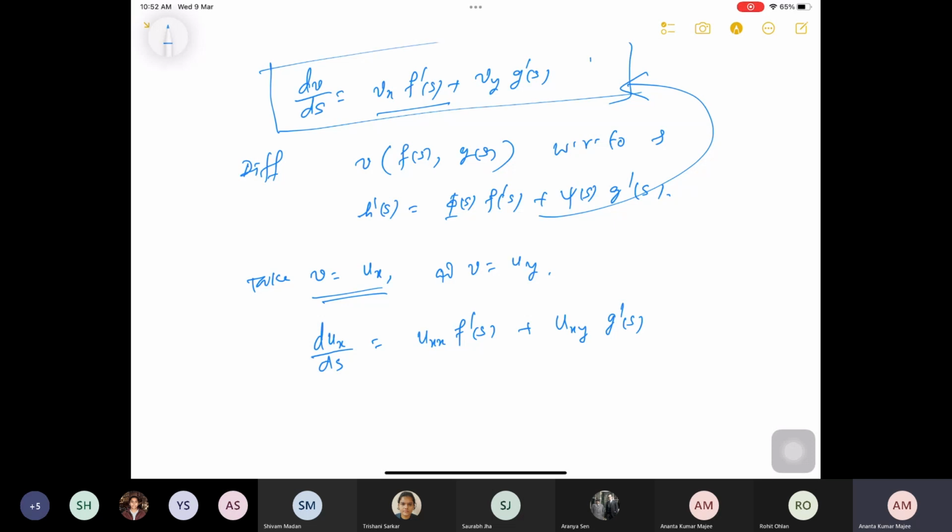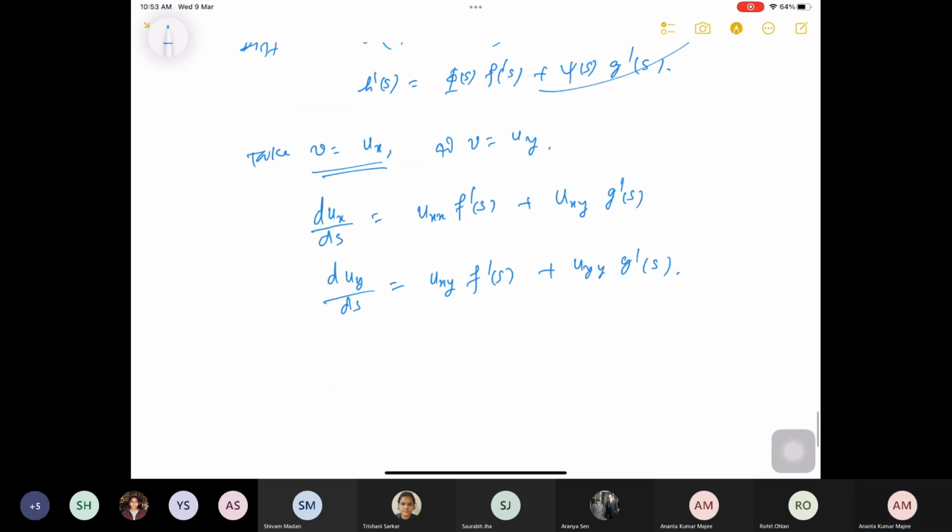And if you take v equal to u_y, d of u_y over ds is equal to u_xy f prime of s plus u_yy g prime of s.